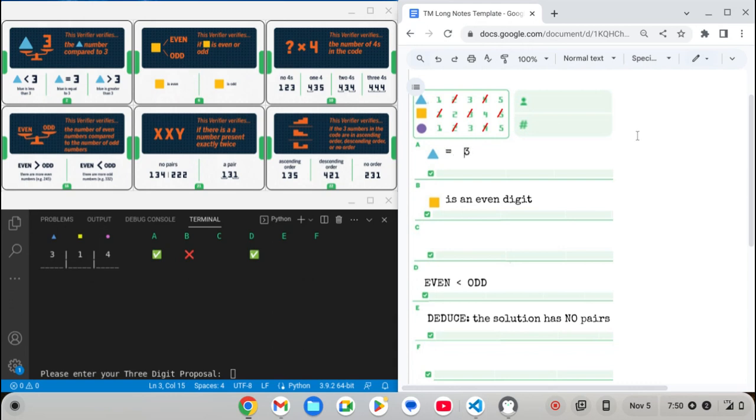And so let's go ahead and cross out the 1 and 5 in triangle. And also, based on the deduction that there's no pairs, let's go ahead and cross out the 3 in circle. Since, again, based on that deduction, both odds, triangle and circle, must be distinct.